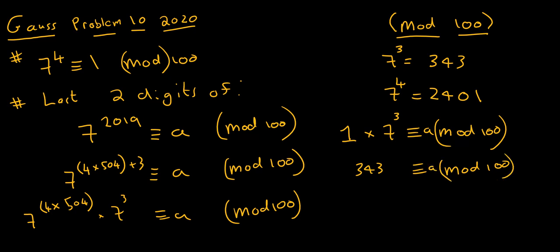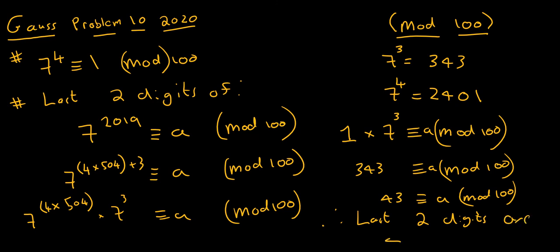If we divide this by 100, we're going to get a remainder of 43. So the last two digits are 43. So let's do a recap.